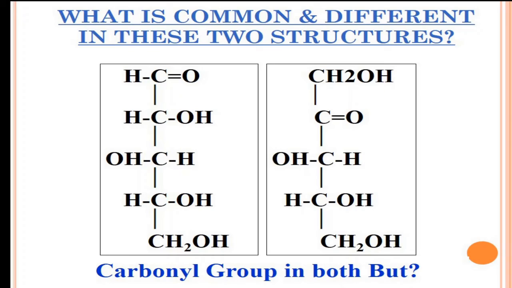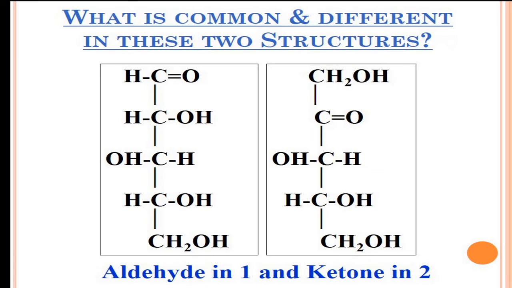Now, if we look at these two same molecules a bit closer, we'll see that they have some similarity as well as some differences. The similarity is that both these molecules contain more than one hydroxyl group, and the difference is that they have different carbonyl groups. Though both of them possess a carbonyl group, that carbonyl group is different in these two molecules.